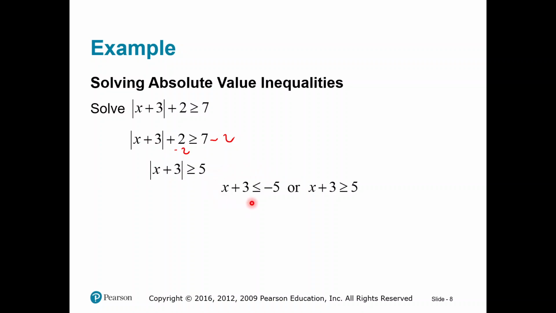For the one on the left side, now I have the negative 5, and so I have to flip the sign. So before it was bigger than, now I flip, I got less than. Now with inequality, every time you introduce a negative number like this, you want to flip the sign.